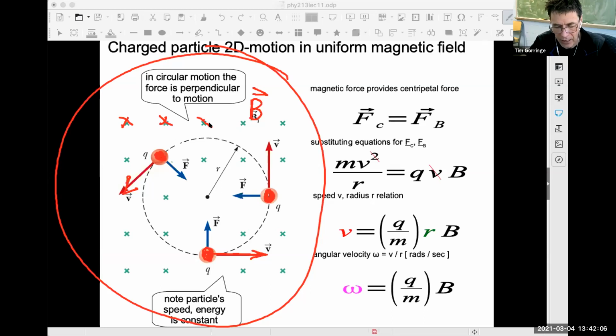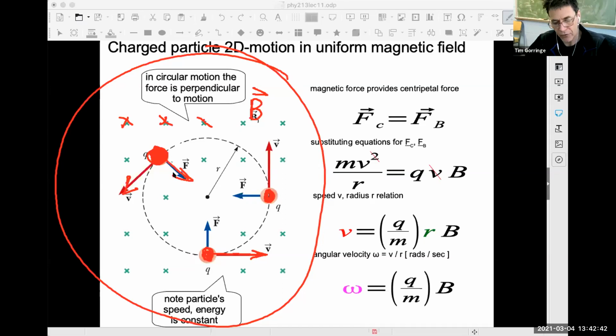Let's see how that happens, and you can see it with the right-hand rule. If you start over here on the top left, the motion is towards the left and downwards. So you would point your palm left and downwards, and curl your fingers into the screen. That's the direction of the magnetic field. You find that there's a force in this direction.